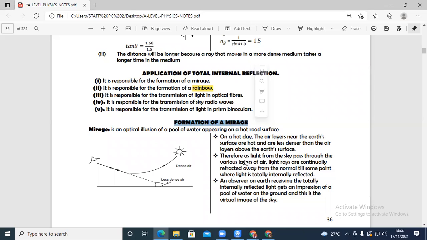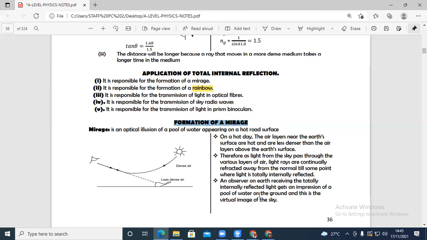As light travels from the sky, it passes through various layers of air, and this light will be gradually refracted away from the normal, until a point is reached where total internal reflection takes place. So the ray of light will be gradually reflected away from the normal, until total internal reflection takes place.